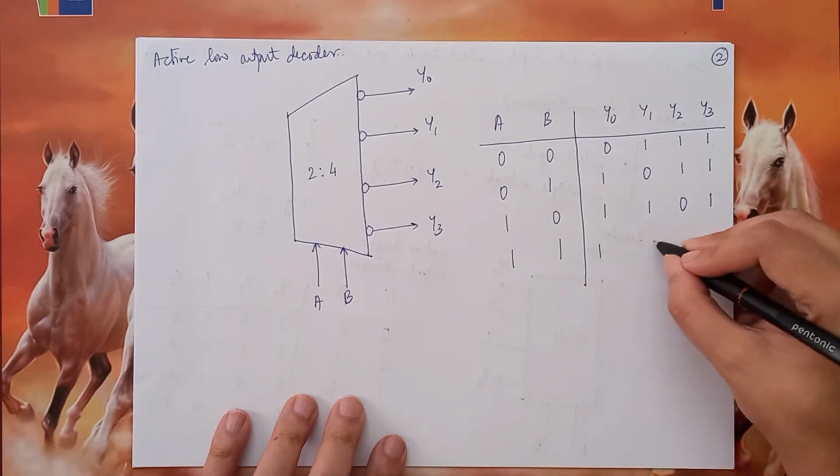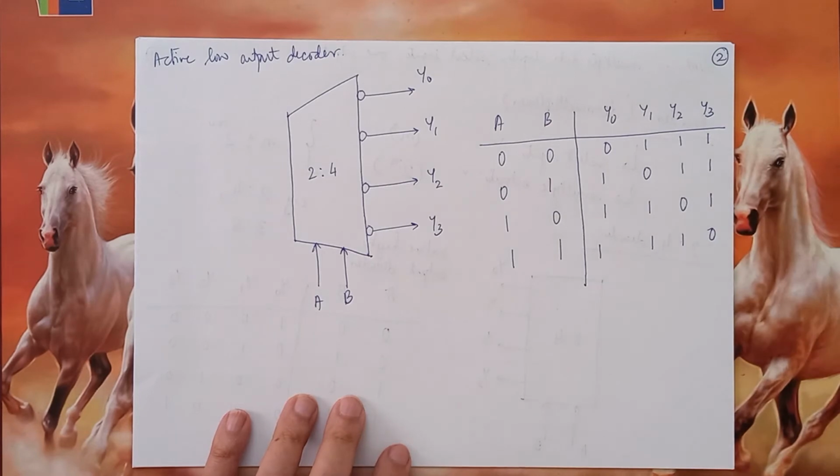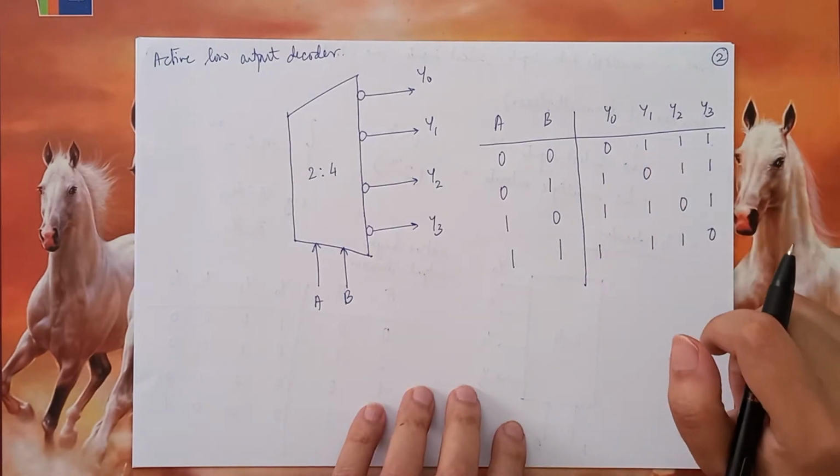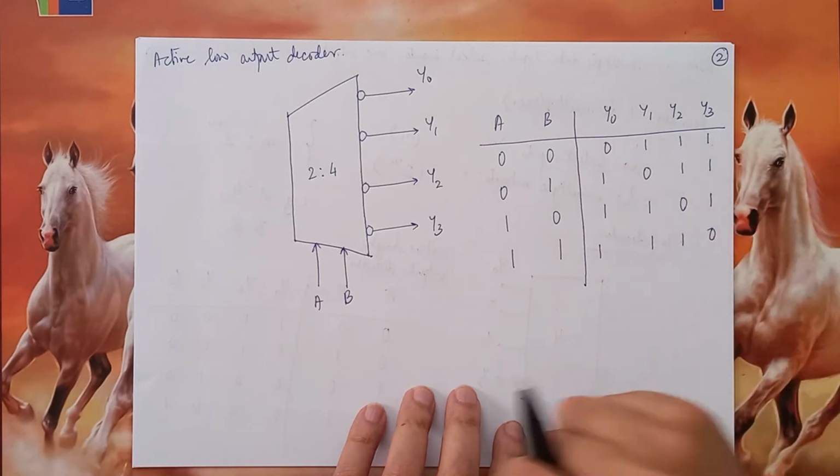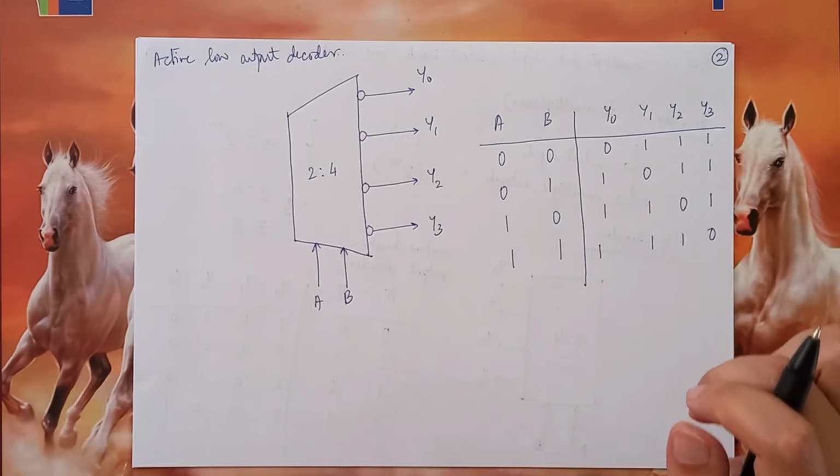And likewise for A and B becoming 1 and 1. So, this is what the basic principle of operation of a decoder is. Whether it is active high or active low output doesn't really matter. So just the converse of the previous case, you see 1 out of the 4 outputs becomes 0.